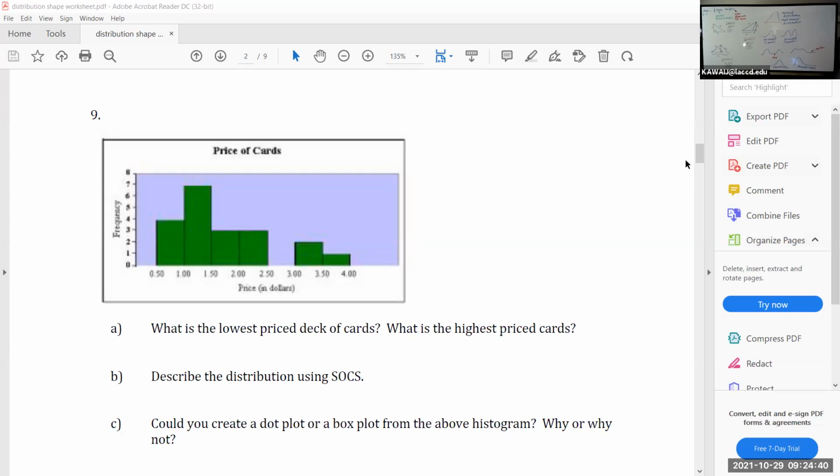So SOCS stands for the shape, bimodal, unimodal, normal, skewed left, skewed right, outliers. Is there anyone that's way far away from everyone else? Center and spread. Okay.